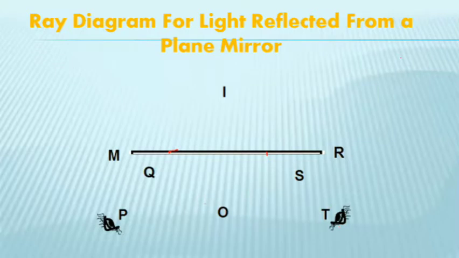Draw lines PQ and ST beyond the mirror line MR, like this one, PQ up to here, and the straight one towards the image I. The same line means that it has to join the image of the object. And then we will draw the same line exactly on the other side where we have the S and T pins.